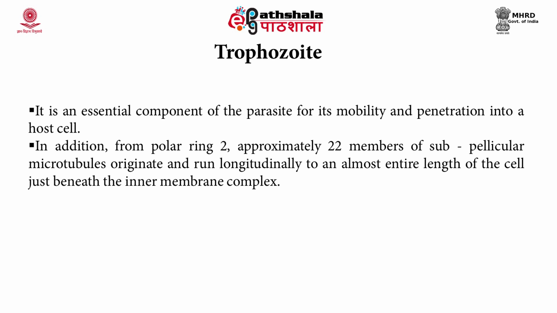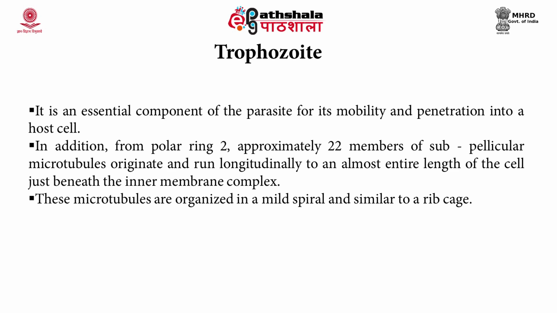In addition, from polar ring 2, approximately 22 subpellicular microtubules originate and run longitudinally along almost the entire length of the cell, just beneath the inner membrane complex. These microtubules are organized in a mild spiral, similar to a rib cage.